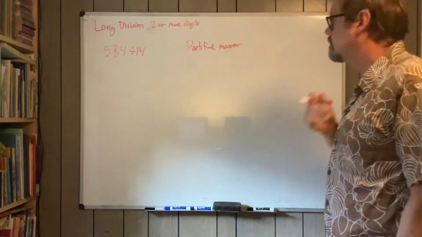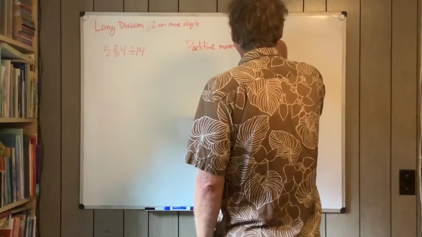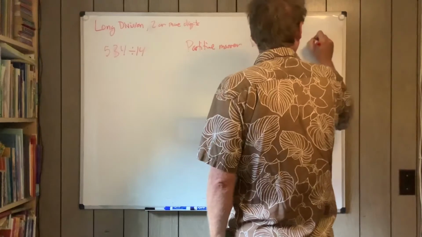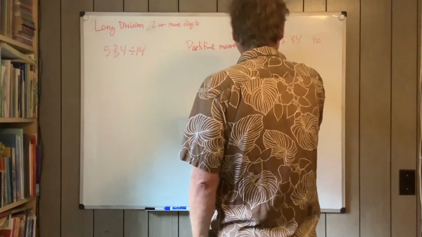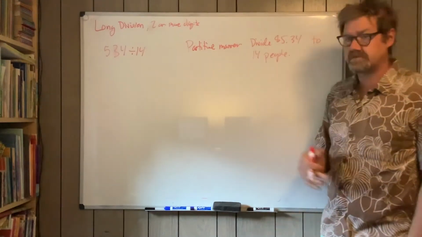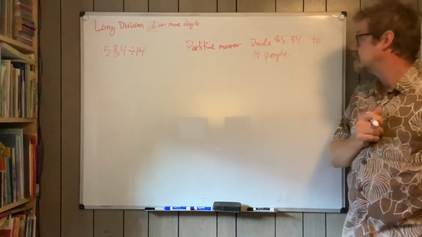And here's what I'm going to think about: let's divide $5.34 among 14 people. We did some examples where we divided among a smaller number of people before. We did some chip models, coin models, and we've got that.